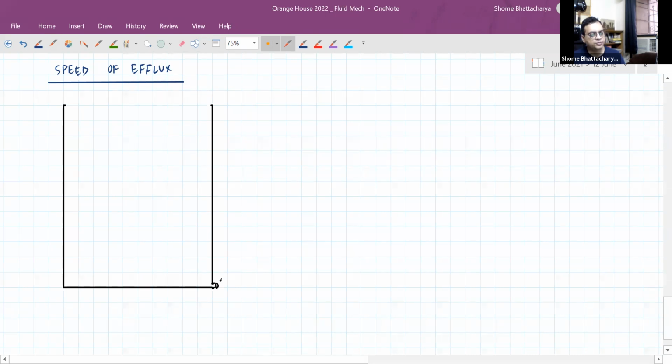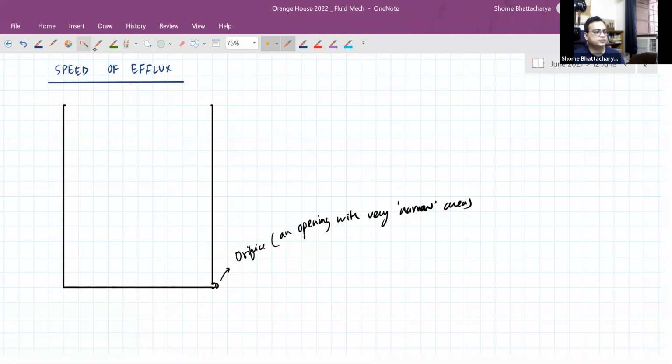So this kind of opening is called an orifice. That is a very narrow area of cross section, so it is called an orifice.